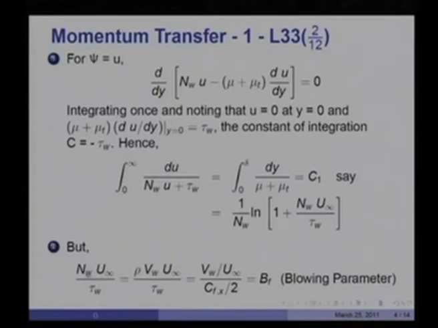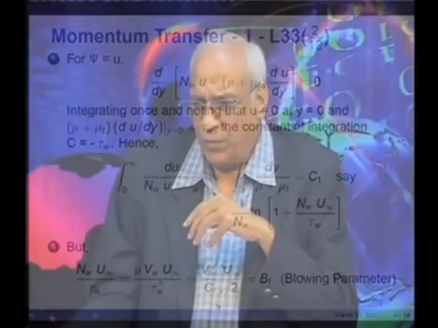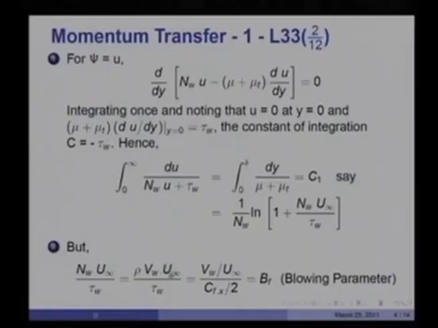We can interpret that. Remember, m w is rho times v w, because the same air, the same fluid, is being blown into the boundary layer as is flowing over a plate. Rho v w u infinity divided by tau wall. If I multiply and divide this by u infinity, then I would get v w divided by u infinity times rho u infinity square by tau w, which is nothing but v w by u infinity divided by c f x by 2.